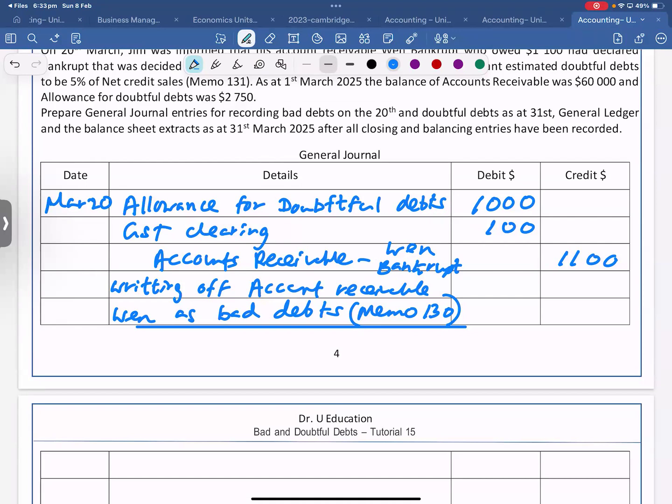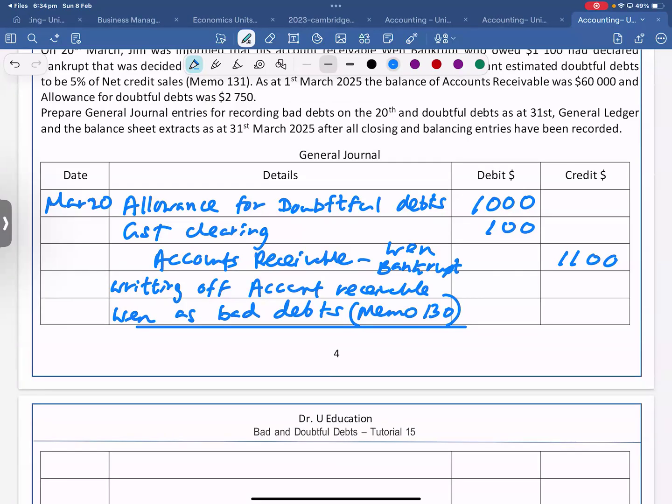So allowance for doubtful debts is a negative asset. If it's being debited, what happens to the allowance for doubtful debt? Decrease. Meaning asset increases. Negative to positive.